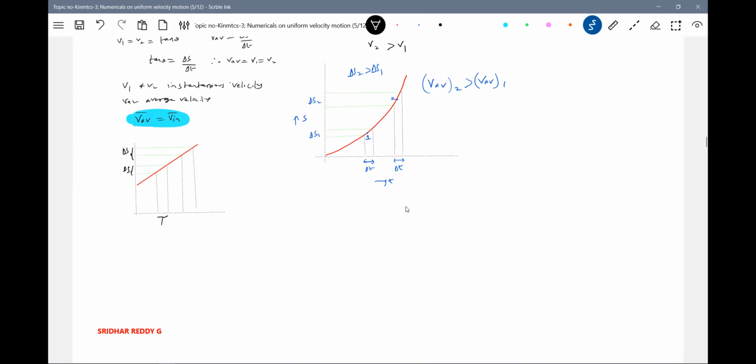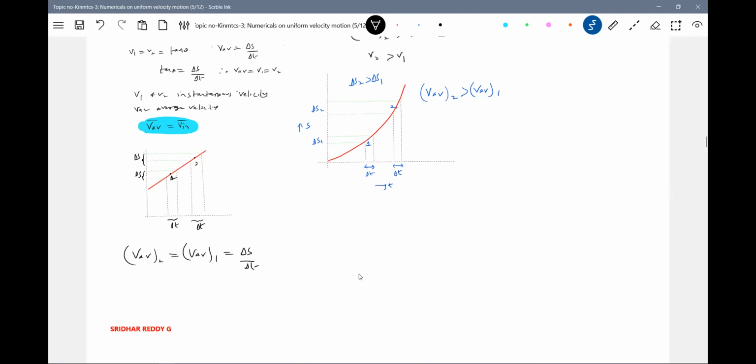And this delta T will be the same. And these are points 1 and 2. Look at average velocity. Average velocity at 2 is equal to average velocity at 1, which is equal to delta S by delta T, which is nothing but equal to V1, V2 also. I already indicated this. It is very beautiful information that I'm presenting here.